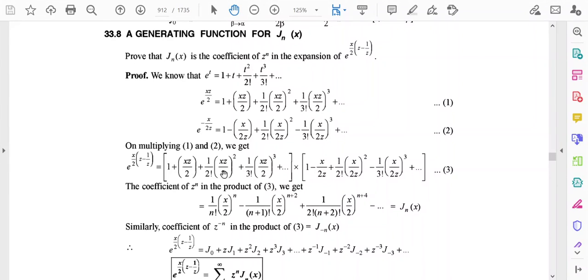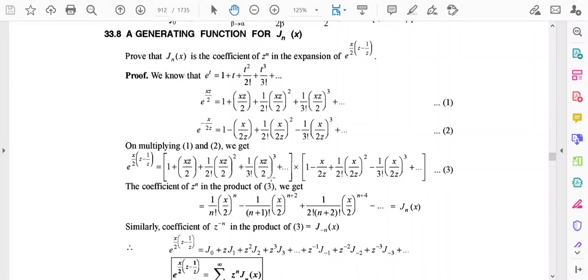So, in this series, the coefficient of z to the power n will be 1 by n factorial x by 2 to the power n. When this is multiplied by 1, the coefficient of z to the power n will be 1 by n factorial x by 2 to the power n.